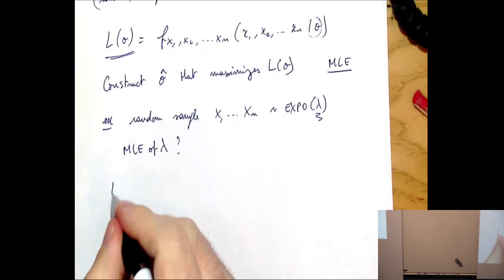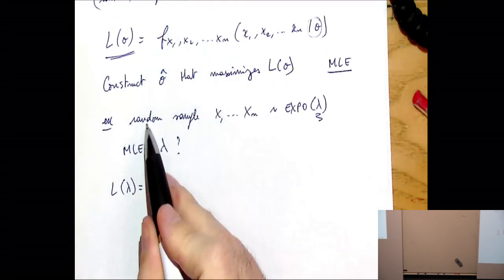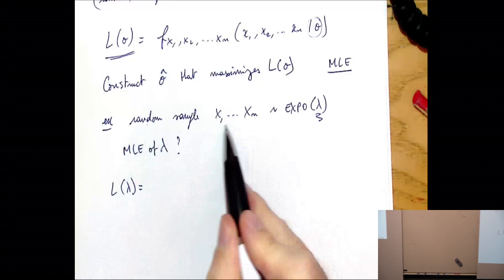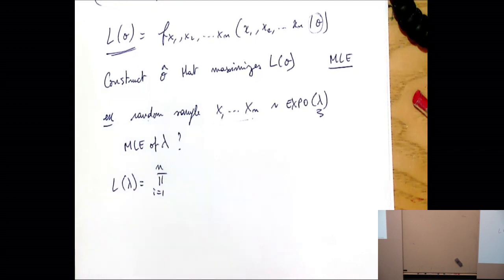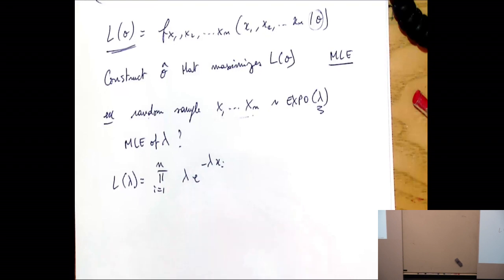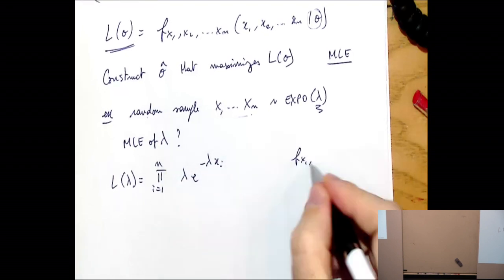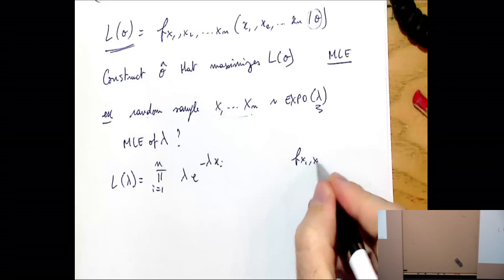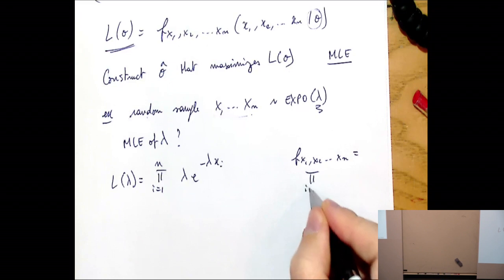I can take the likelihood function, which will be this joint PDF, but now it's a random sample, so all of them are independent. So the joint PDF here will be the product of each marginal, right? So that's the product of lambda e to the minus lambda xi. They're all independent from each other, so the joint probability density function is simply equal to the product from 1 to n.